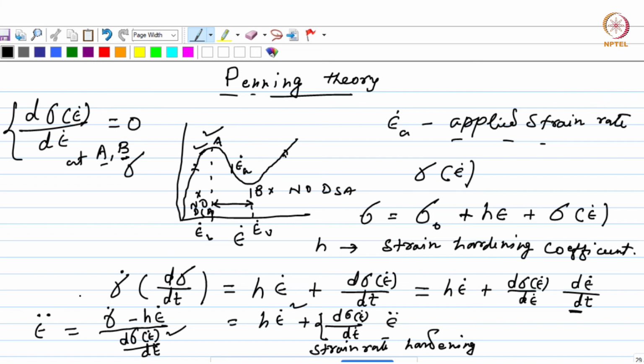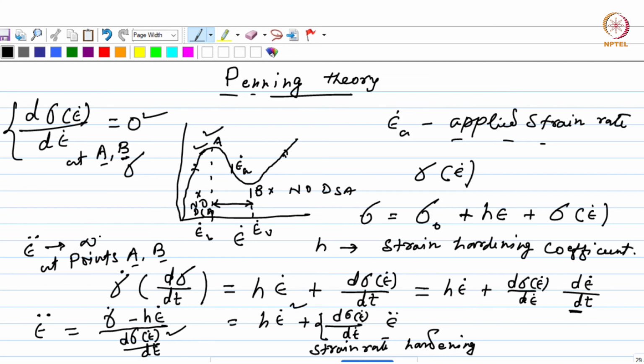So the rate of change of strain rate, that means d epsilon dot by dt, will be infinity when this becomes 0. Which means at points A and B, epsilon double dot will tend to become infinity.